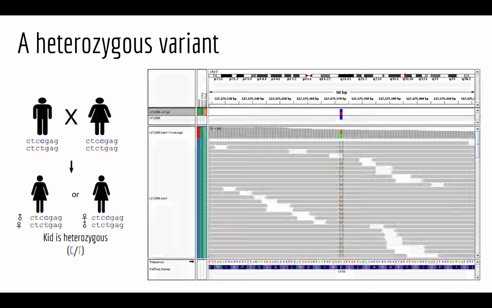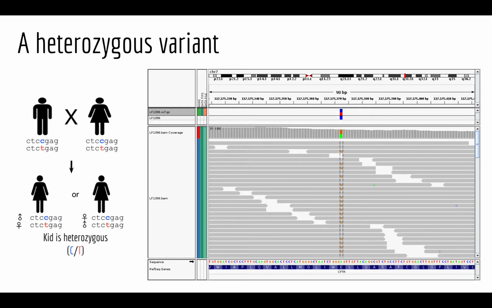Okay, so let's just look at data. We've been looking at cartoons so far. This probably doesn't render too well in the back, but in this case, we're looking at a heterozygous site. Let's imagine this is a program called IGV. We'll talk a little bit about this later. This is DNA sequencing data, let's say from this daughter.